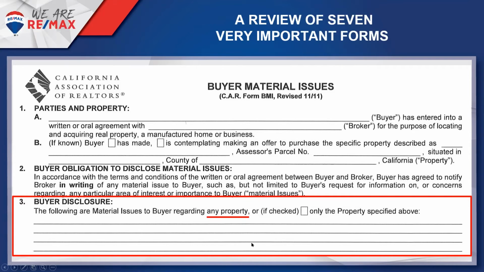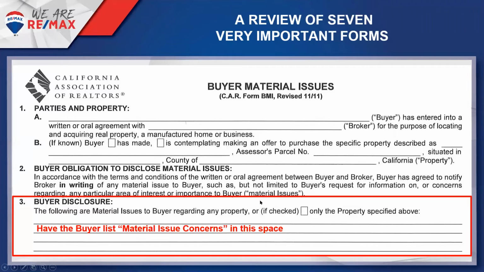And it could be either any property or the property specified above. And that's usually what you do because you do the BMI once you've had an offer accepted. Now, on the form, the buyer lists their material issue concerns, not you. So if you're doing DocuSign or a digital thing, you create a text field and then the buyer types in.